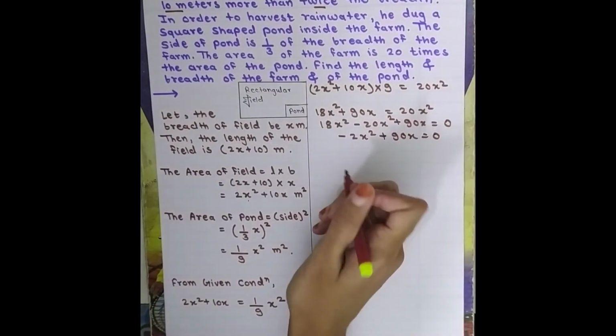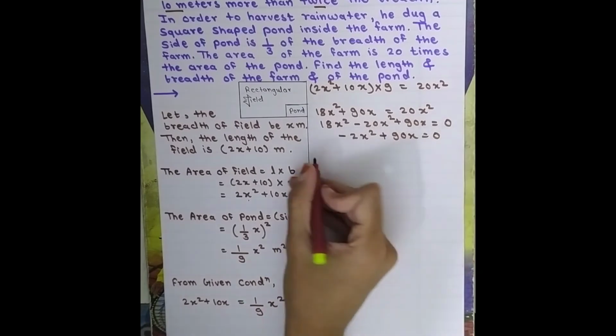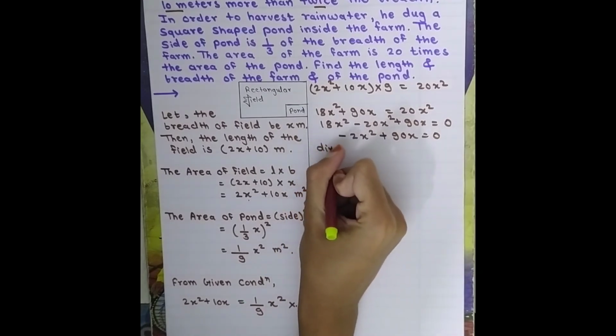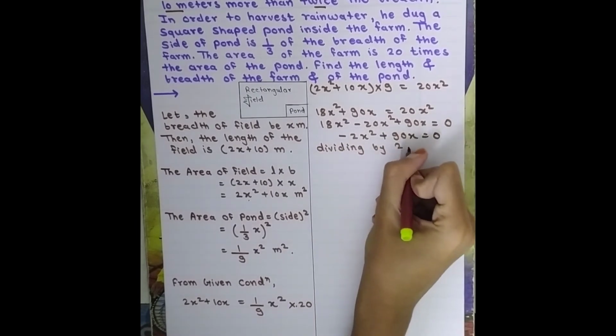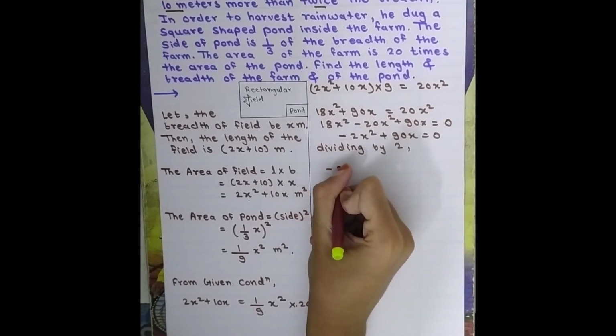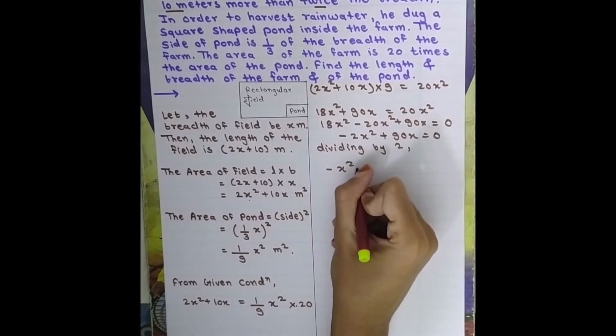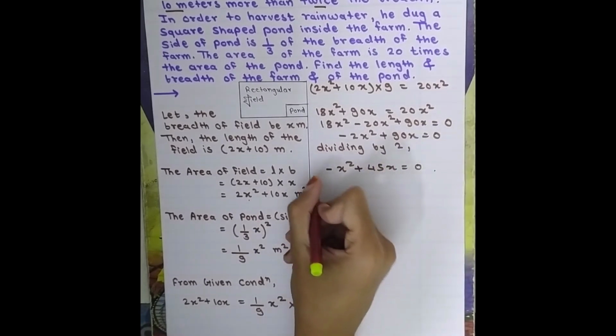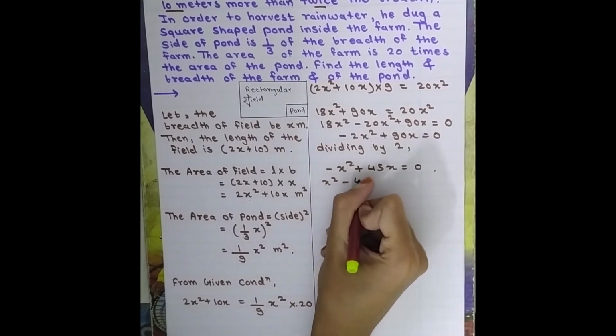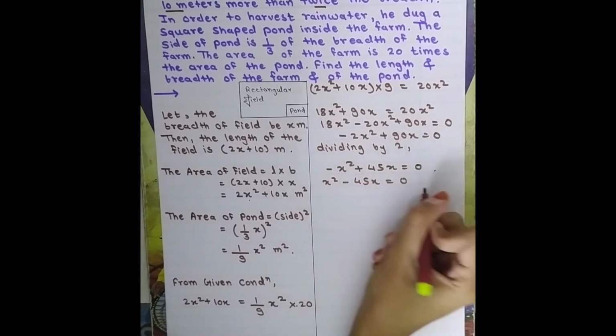So dividing by 2, we get minus x square plus 45x is equal to 0. This we write as x square minus 45x is equal to 0.